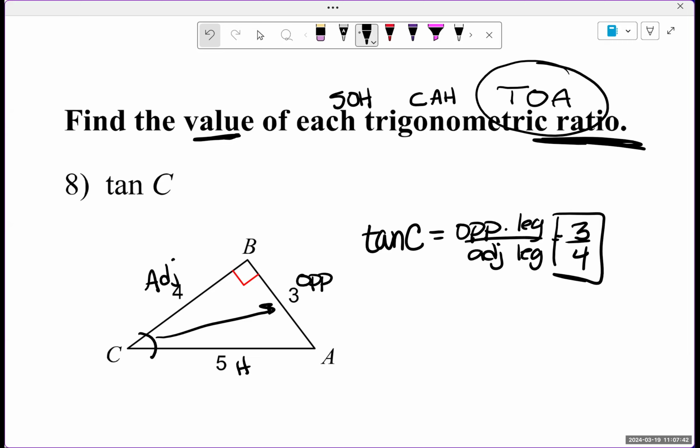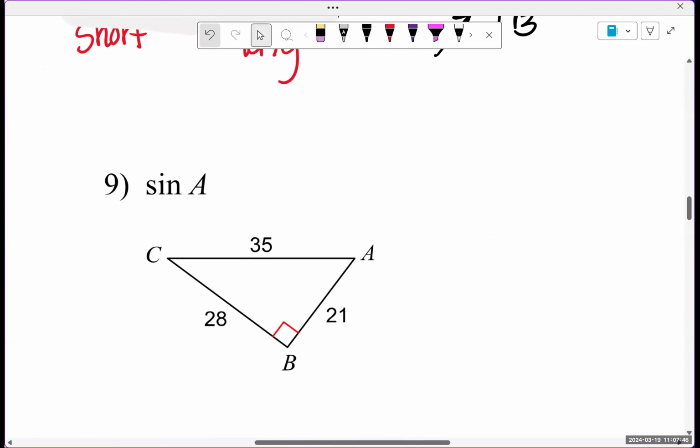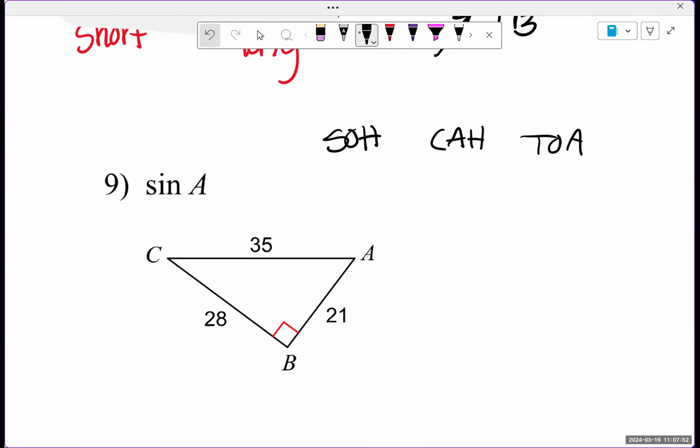Okay, number 9. SOHCAHTOA. Angle A, that's your point of reference. What is the hypotenuse? 35 is the hypotenuse.